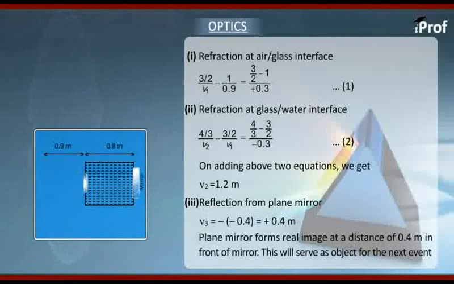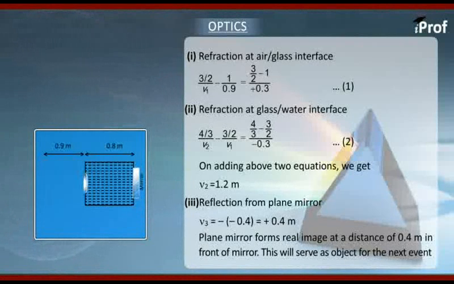That means the image is formed in the direction of incident rays at a distance of 120 centimeter. Now, before these rays converge, these rays are intercepted by the mirror. Now it's a plane mirror. This image, which is at a distance of 120 cm in the direction of incident rays from the lens, will act as an object for the plane mirror.